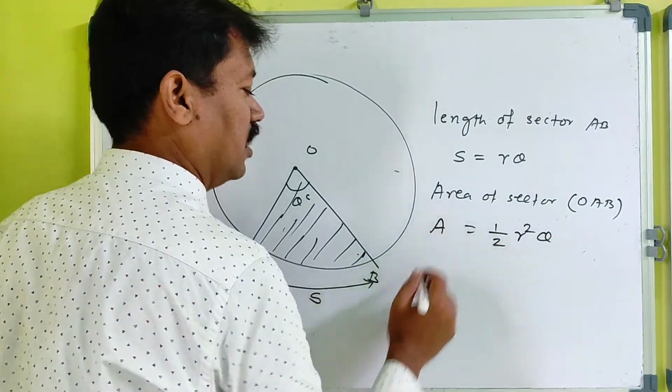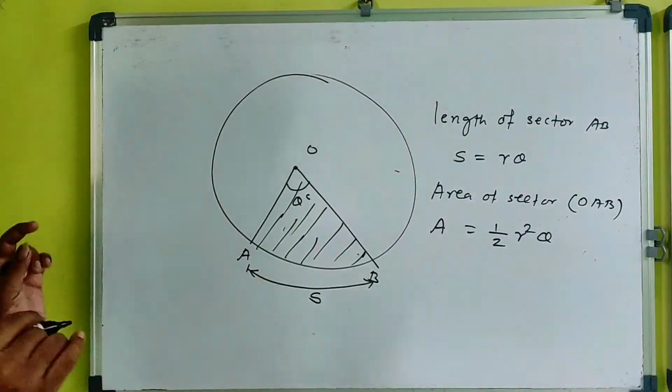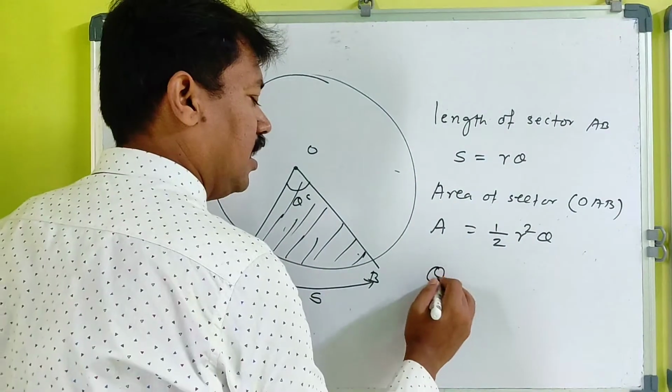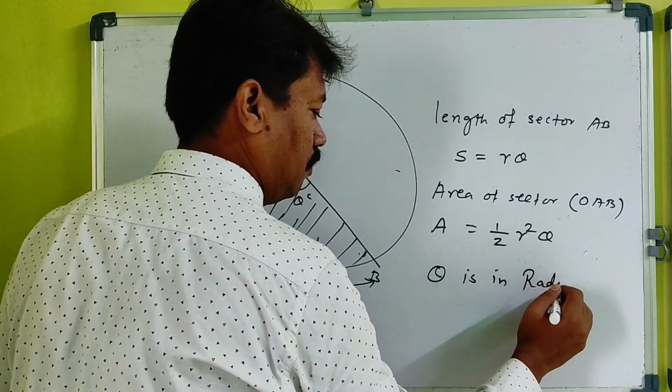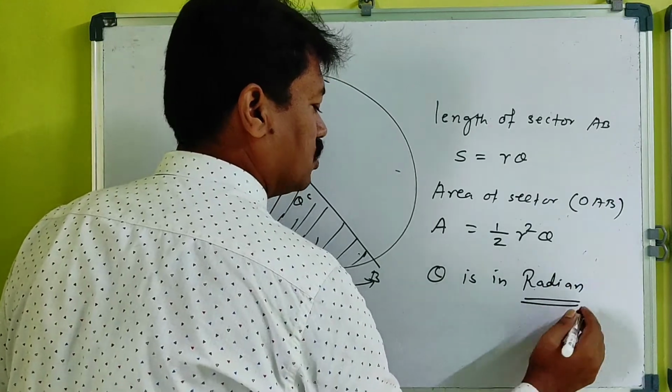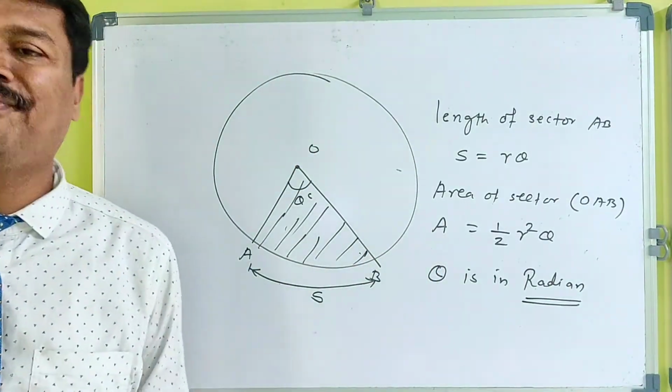That is, area of sector A is equal to half R square theta. In both the cases, theta is in radian. So that's a very important part to remember. In these formulas we are using, theta should be in radian.